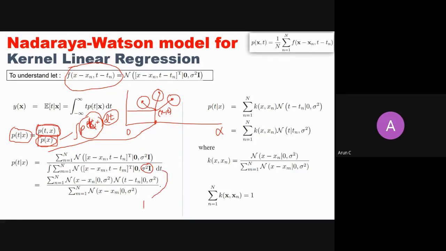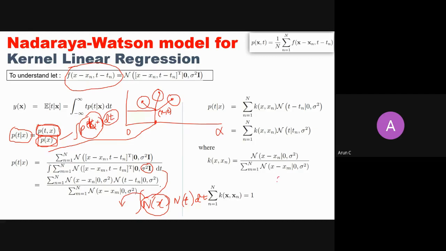This is normal x multiplied by normal t, dt integrated. Here normal x is constant with respect to dt, so bring it out of the integral.